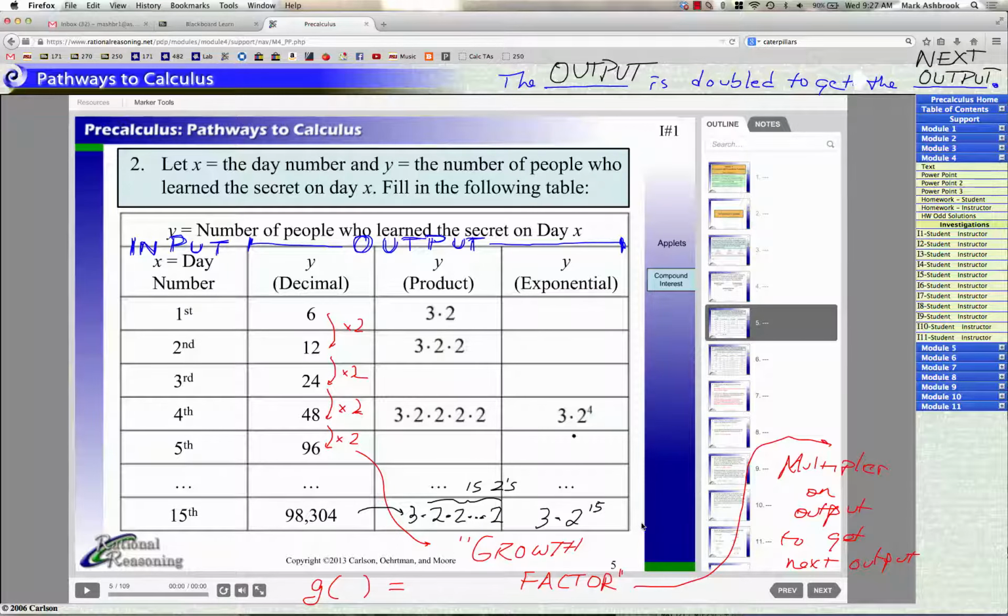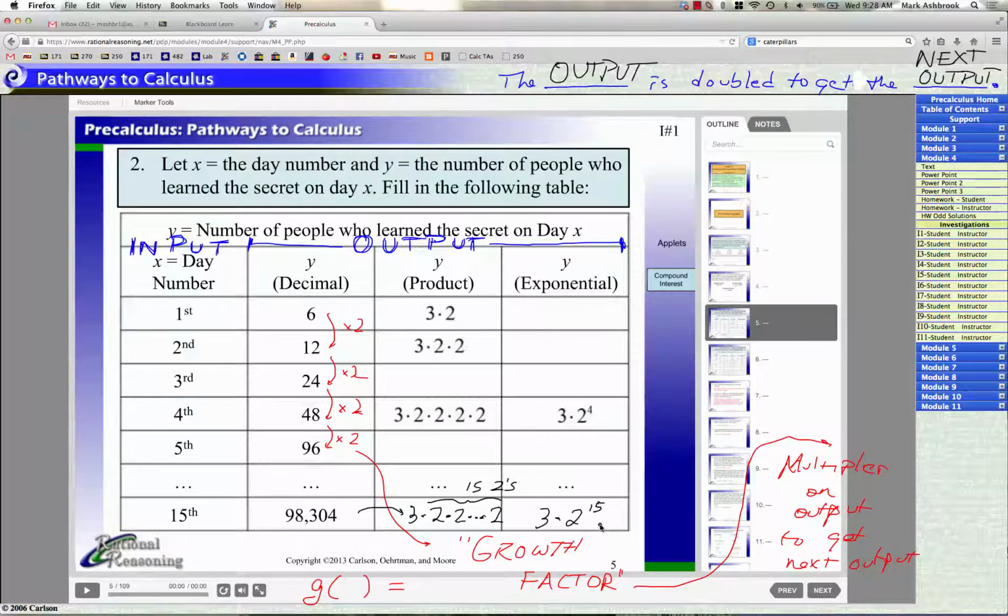This is just convenience to represent repeated multiplication. That's what exponential growth is about: repeated multiplication by the growth factor. Again, the exponent is just a convenience, so we don't have to write this awkward 3 times 2 times 2 and so on, 15 twos. That's real awkward. This is just a nice short way to say, take 2 and multiply it together 15 times.